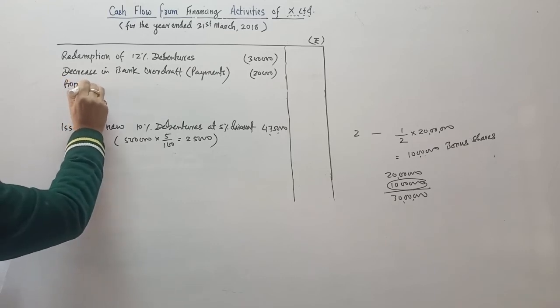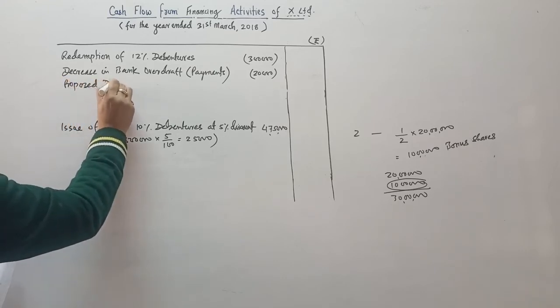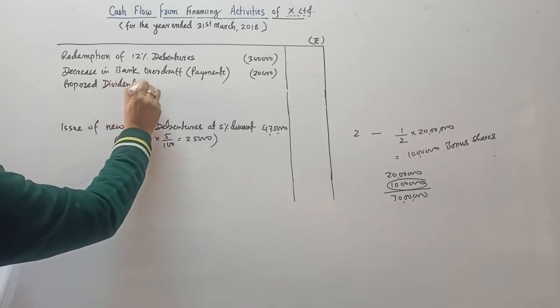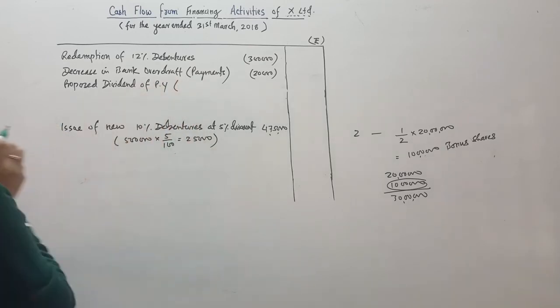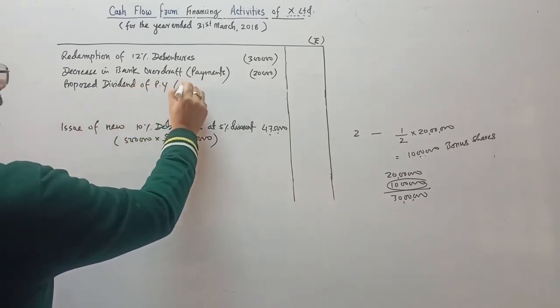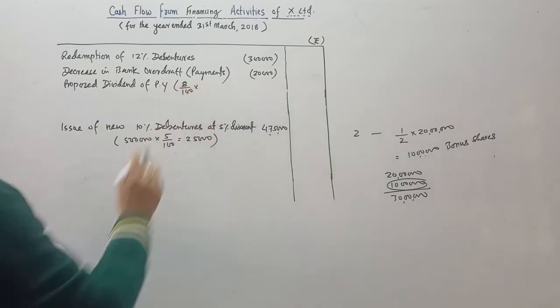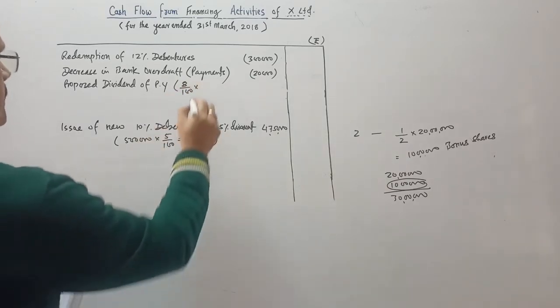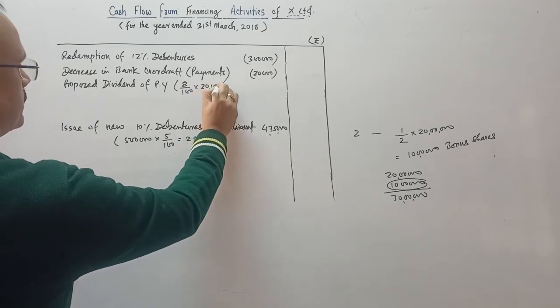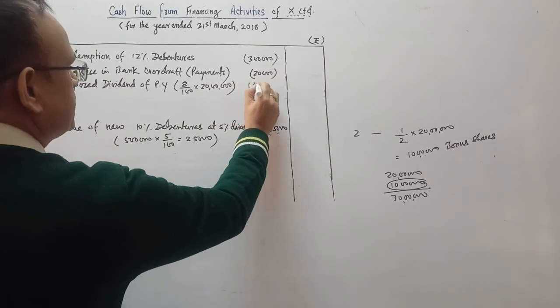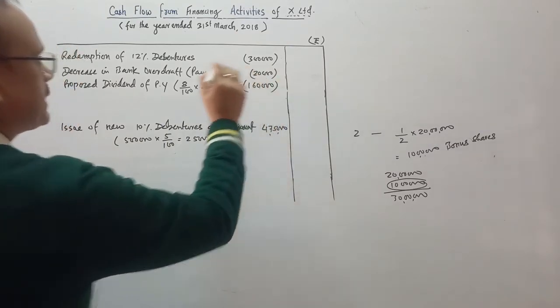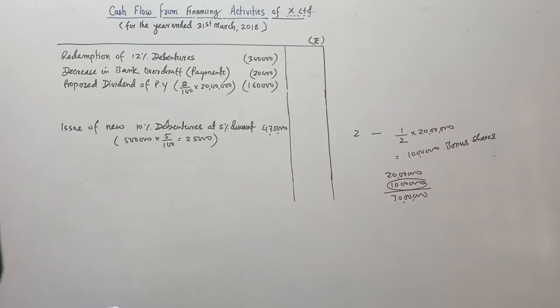Proposed dividend of previous year at the rate of 8% into previous year share capital, which was 20 lakhs. So it is 1,60,000. 1,60,000 is the proposed dividend which is paid this year.